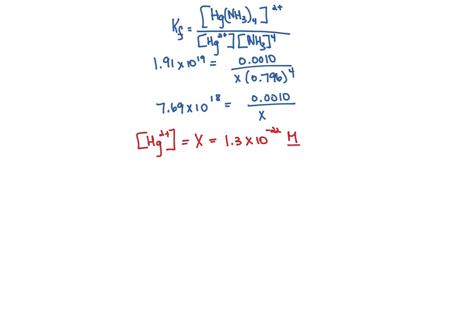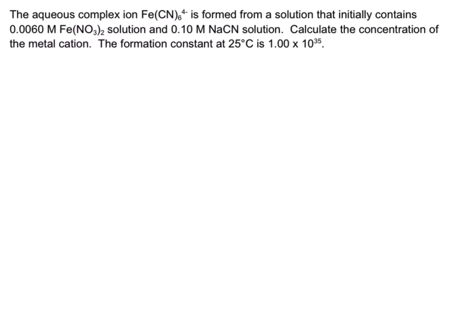Let's take a look at another example. In this example, the iron complex is formed from a solution that initially contains 0.006 molar of iron nitrate and 0.1 molar of sodium cyanide. We're asked to calculate the concentration of the metal cation, and they've given us the formation constant.